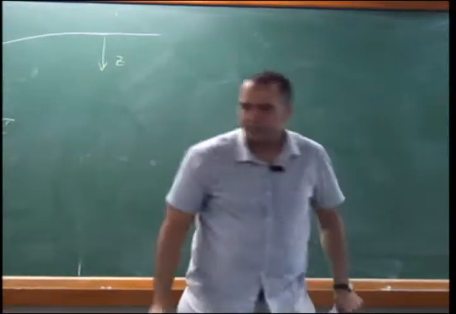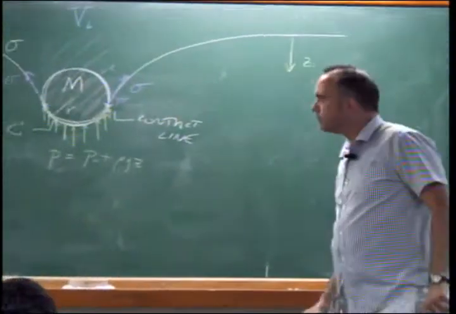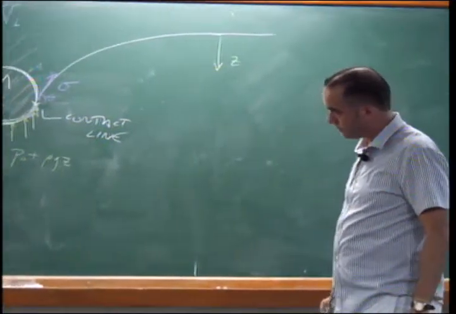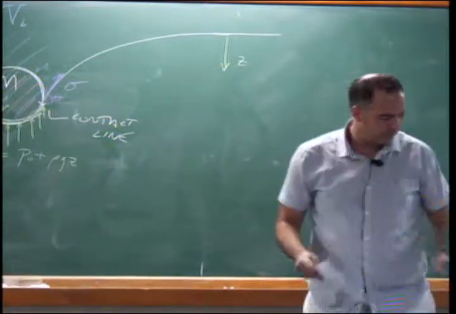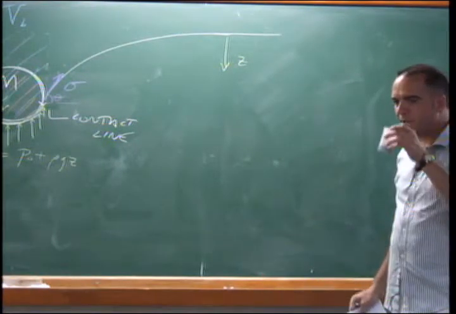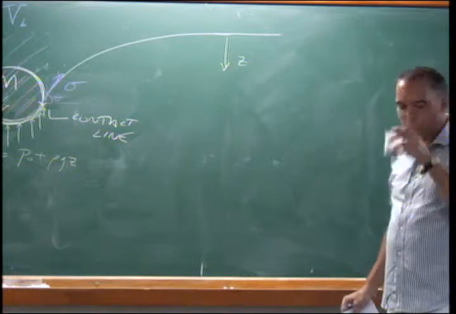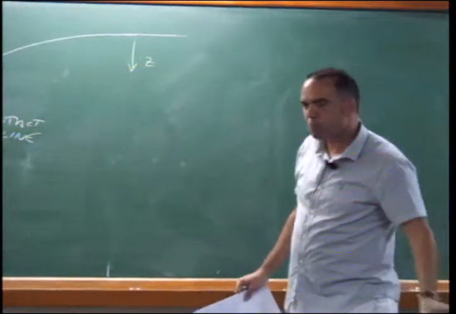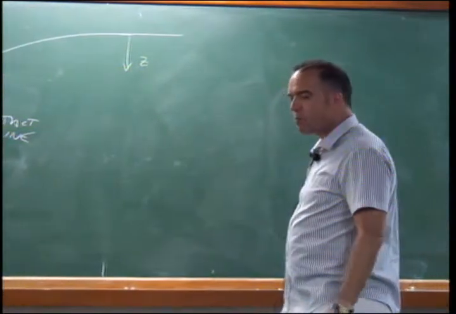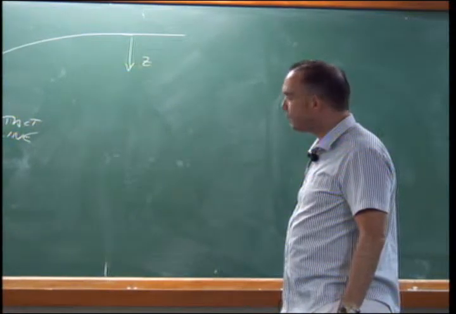So you have the volume of, let's say, the part that is on top of the contact line. Depending on the geometry of the body, the body could have a part on the outside.